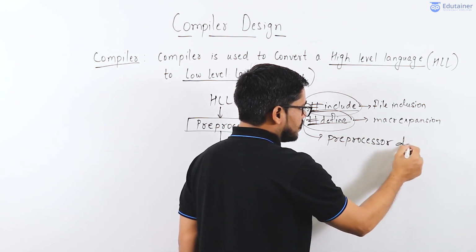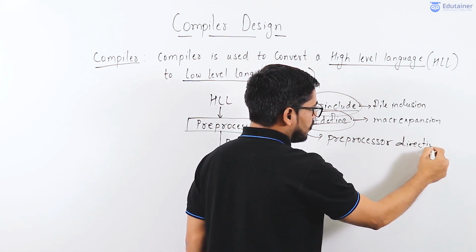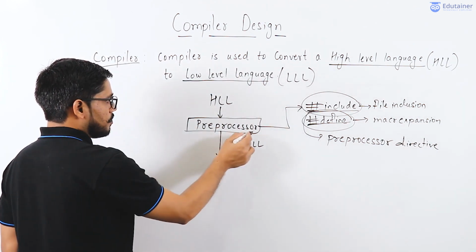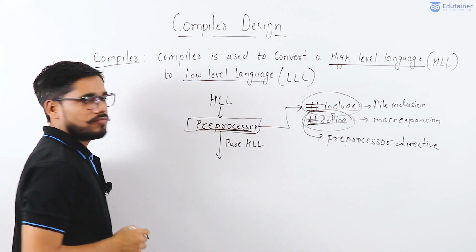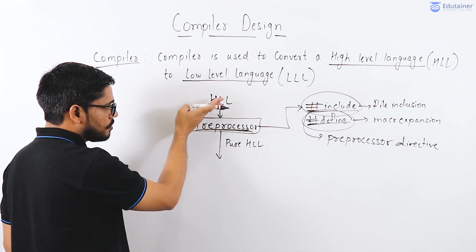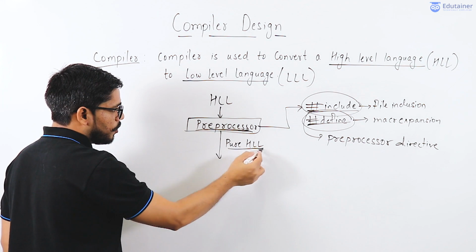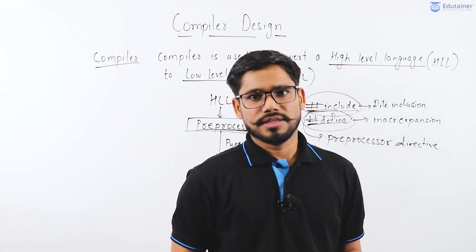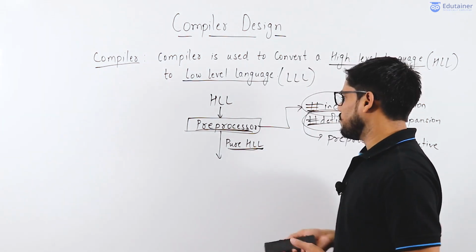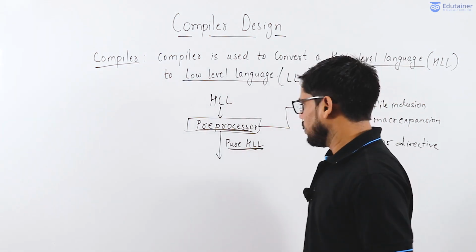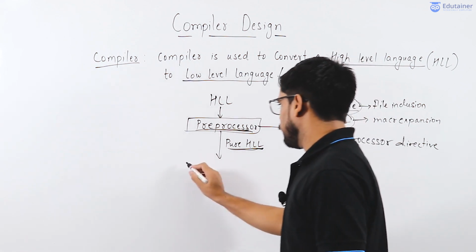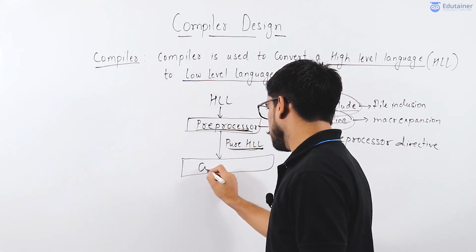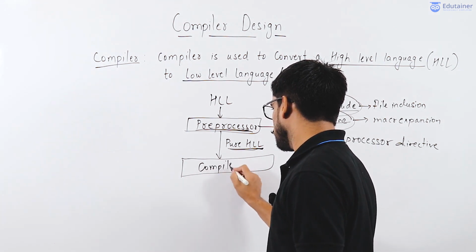So the preprocessor directives are replaced by their particular code in the preprocessor phase, and after it we get the pure high level language. There is no standard name for this; some people call it pure high level language, some just high level language. Then we pass this pure high level language to a compiler.